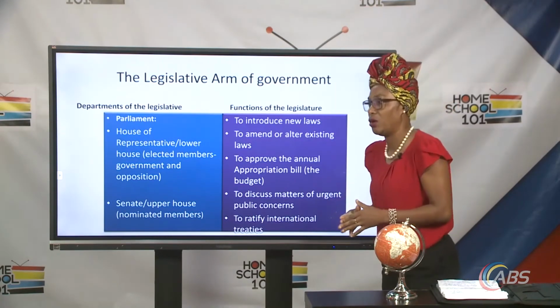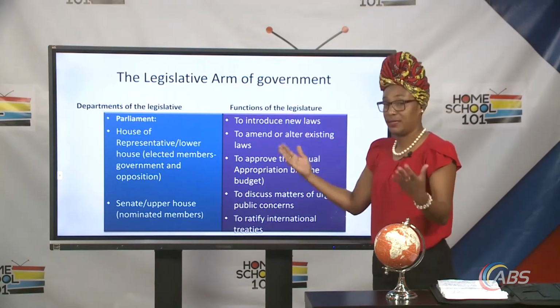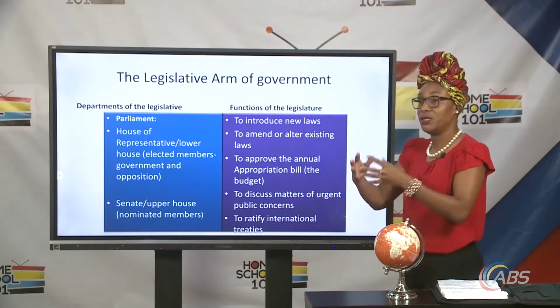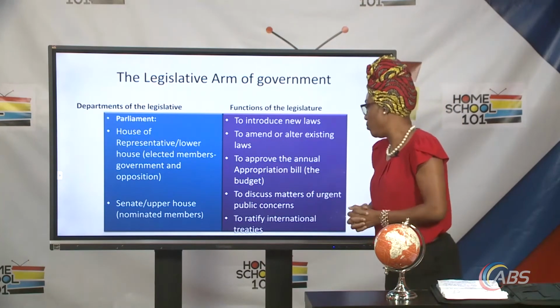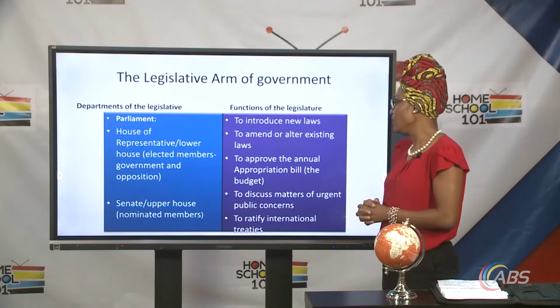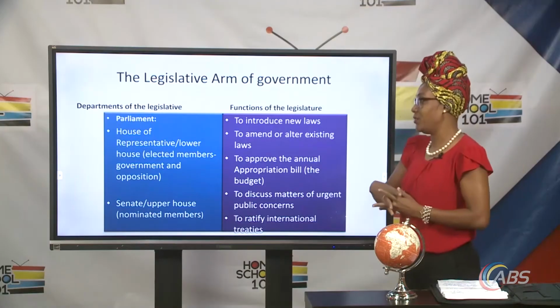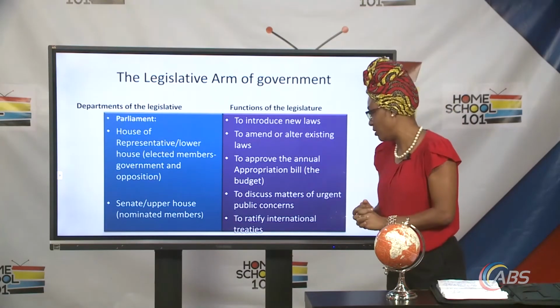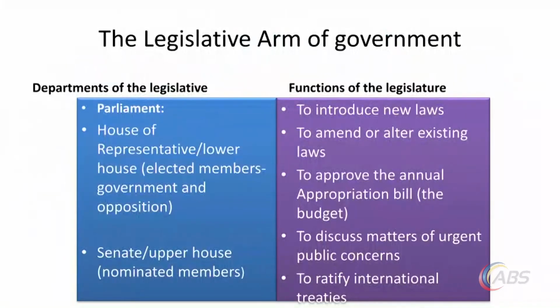So from time to time, laws are not written in stone. They have to alter them depending on the situation that is before them or before the citizens. They also approve the annual appropriation bill in the budget. Of course, they have to manage the monies, as I said before, how much money goes here, how much goes over there, and such. They also discuss matters of urgency and public concern. Again, as I referred to the COVID virus, that is a matter of urgent concern.